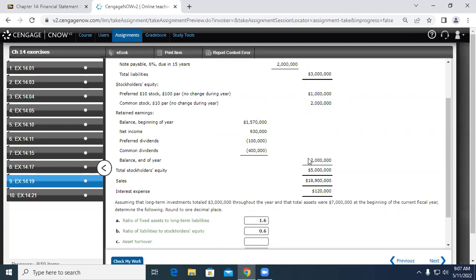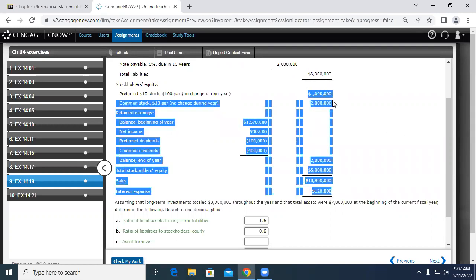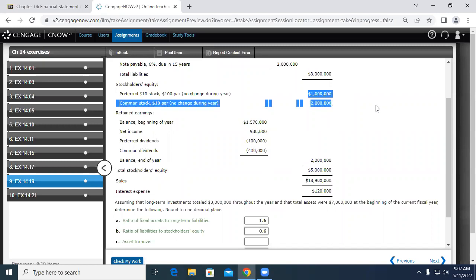And so to find our equity from the beginning of the year, we need to take the retained earnings from the beginning of the year and add the contributed capital or paid in capital. And so the beginning of the year equity, I might as well just put this calculation on the screen so there's no confusion.